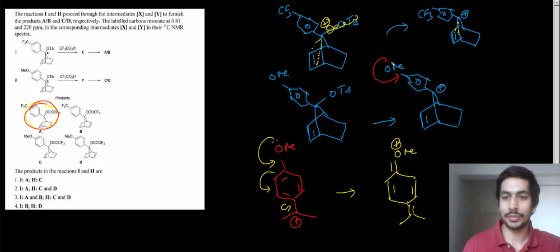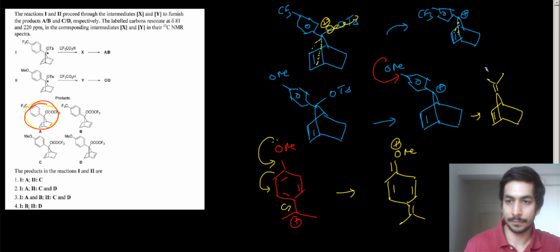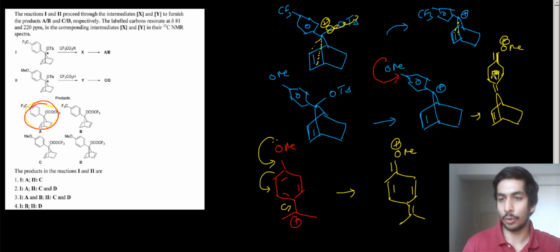Since this effect is going to dominate, we'll basically get a planar molecule, like this. It will not be aromatic, with a double bond over here. What I want to emphasize is that this carbon will be planar.